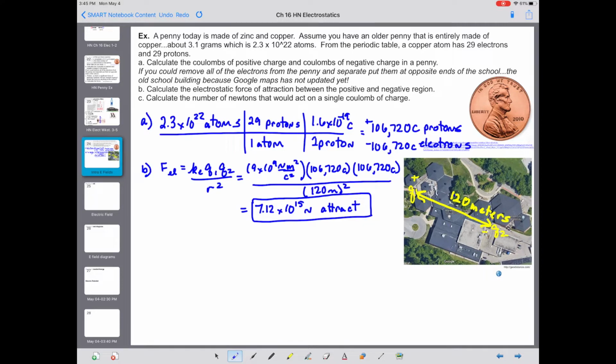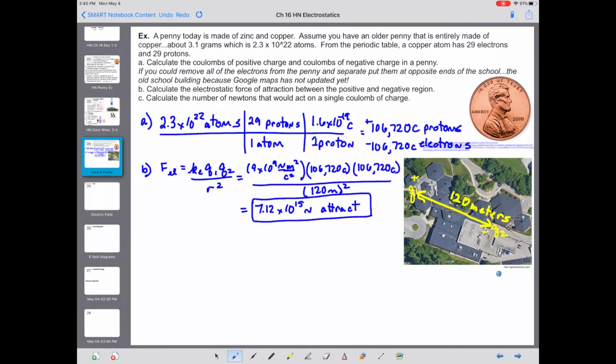Well, if we were ever to do that, that would have punched a hole straight through the school building as those charges rushed to get to each other. Literally, we would see a lightning bolt, and it would have burned through a brick. It would have burned through whatever was in the way between those two locations.